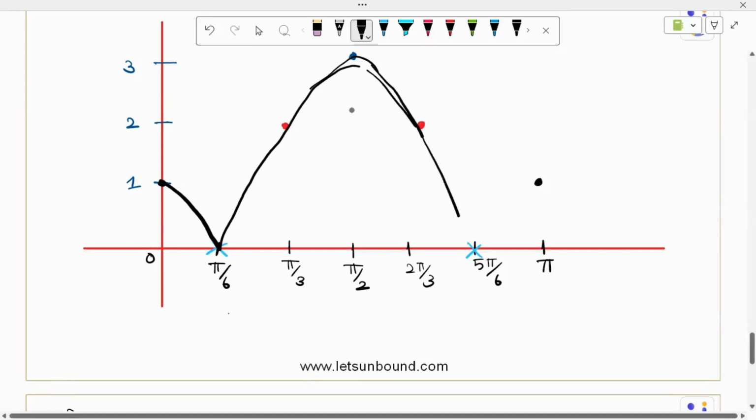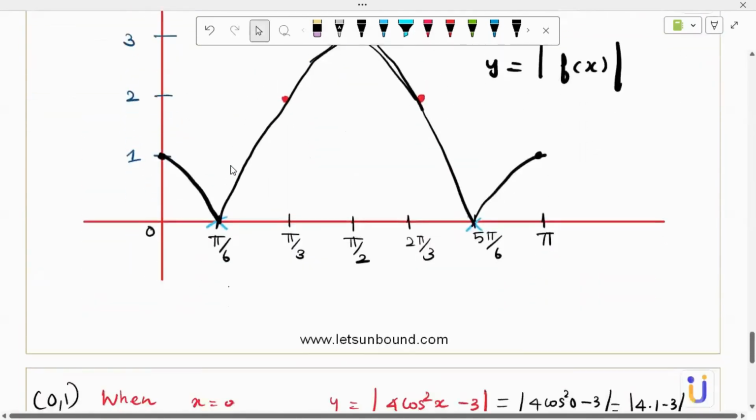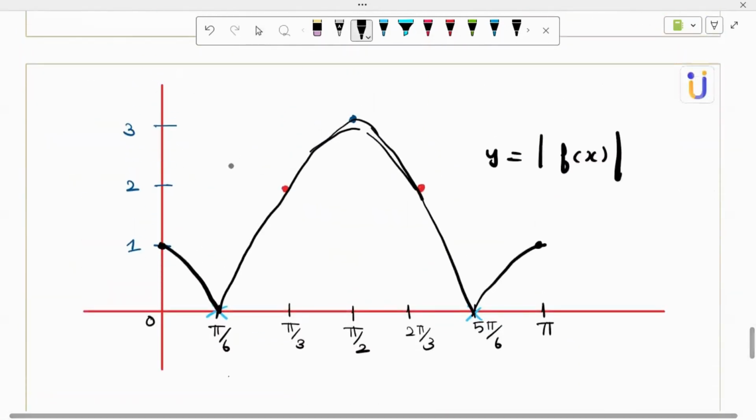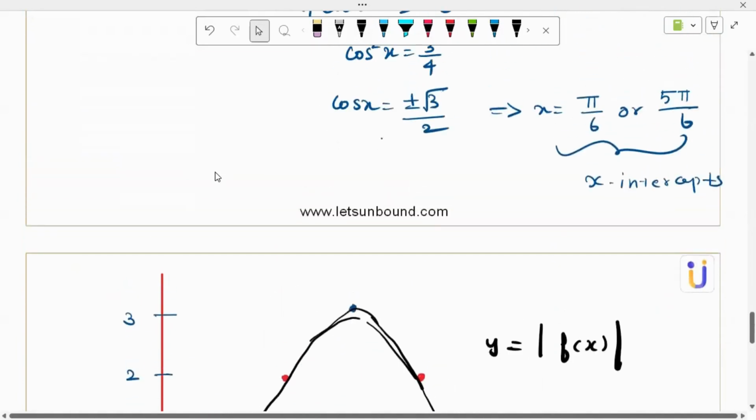And then it should come again and go over there. So this is my y is equal to modulus of f of x, the complete sketch. And all the parameters, key points, everything is mentioned clearly. So that's the graph. And this completes the 20-mark question. Thank you so much for listening.